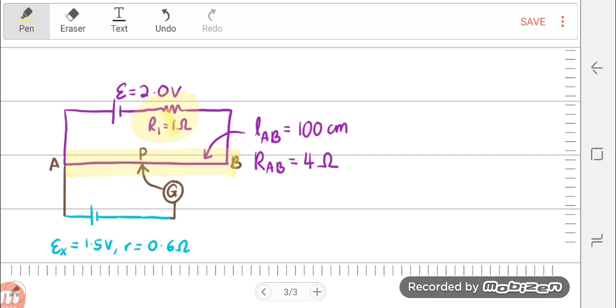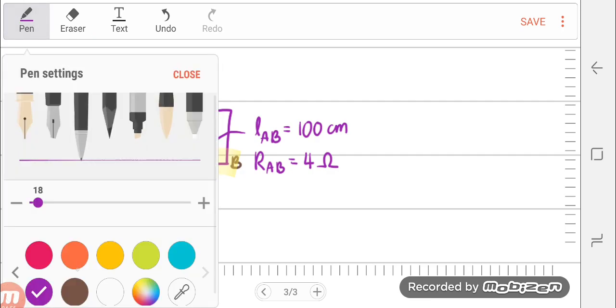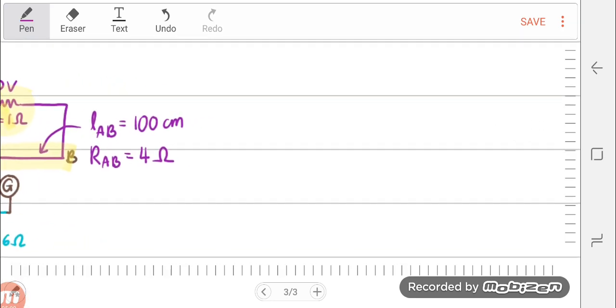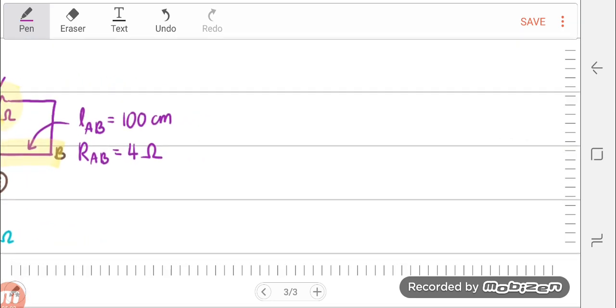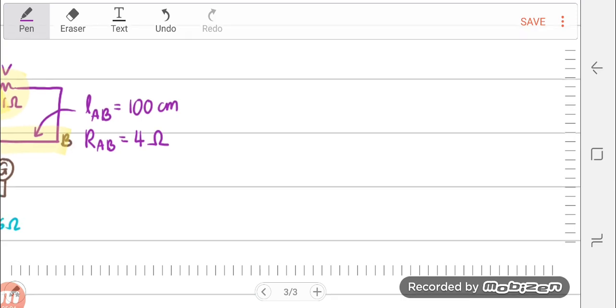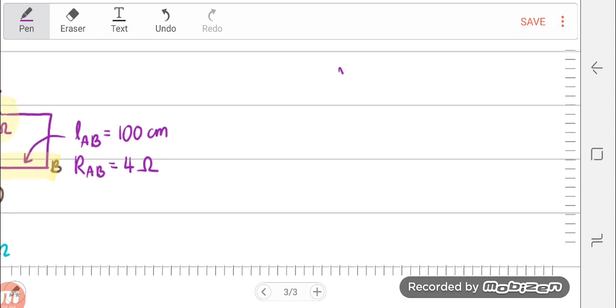So when we write down our VRL table, for the upper circuit and the lower circuit, this time for V we take VAB. Why?